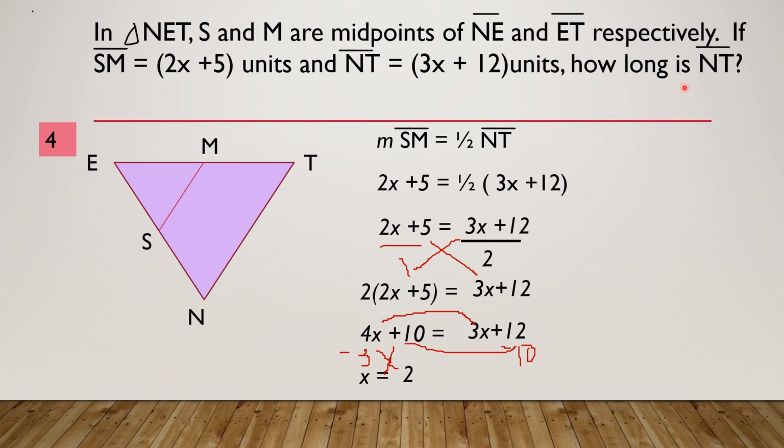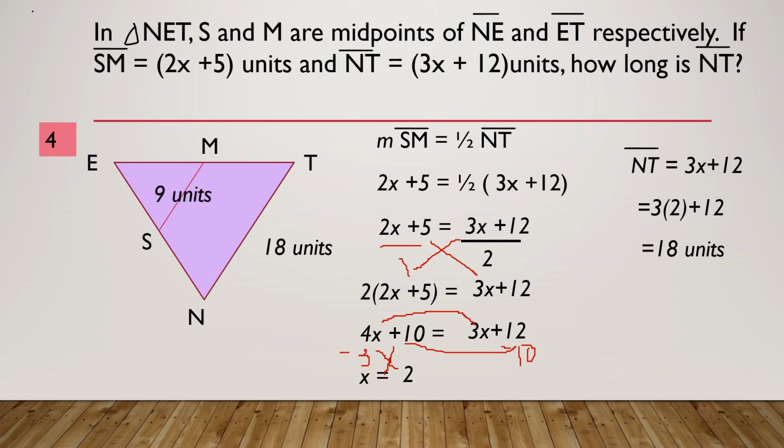So for NT, we use segment NT is equal to 3x plus 12 units. So 3 times 2, because x is 2, that is 6 plus 12, that is equal to 18. So 18 units is the measure of segment NT. And since SM is half, you can also find its measure, which is equal to 9 units.